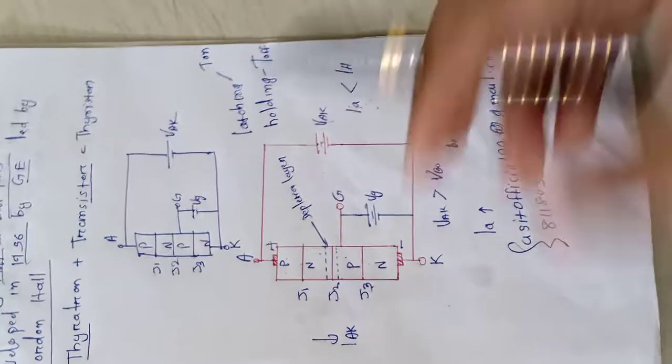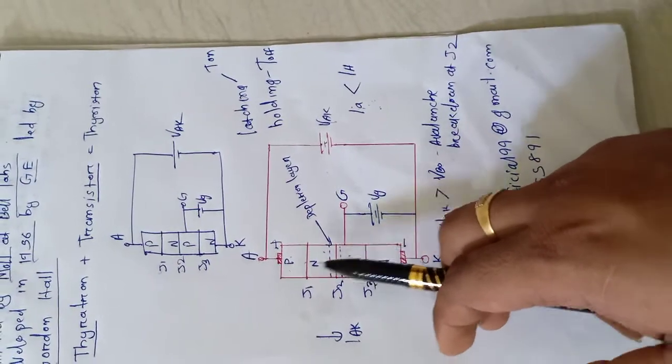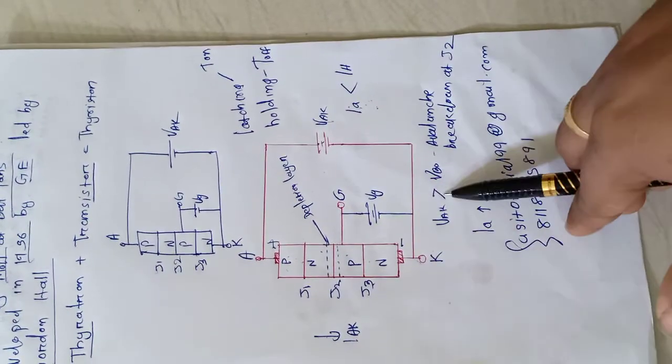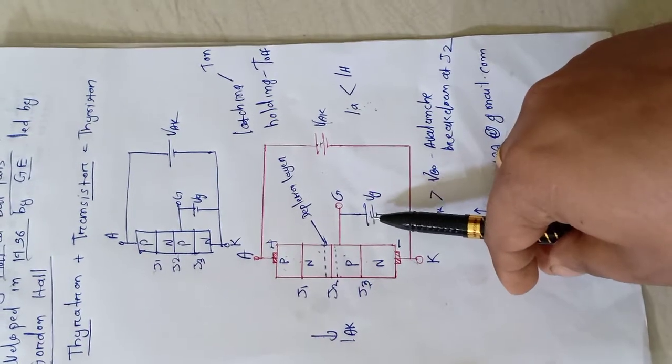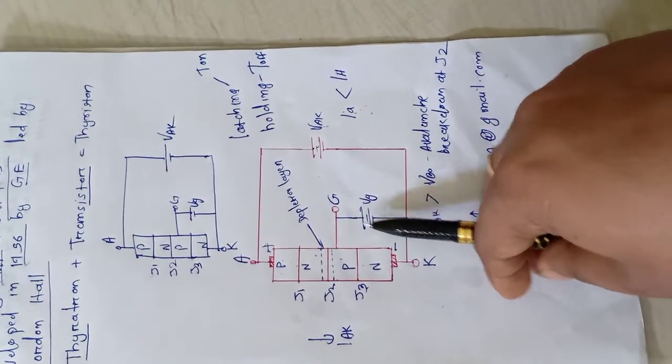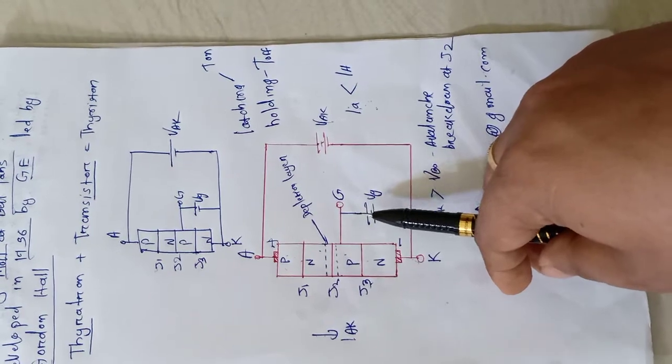So to turn on this SCR at a much lower value of the breakover voltage, we have to supply some voltage at the gate terminal. So how will it happen? Let's see.